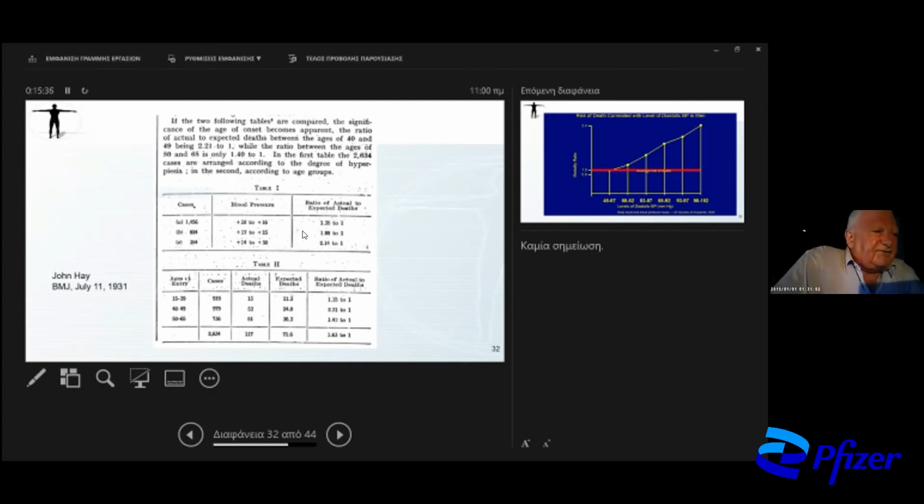So for instance, if your blood pressure was 24 to 30 millimeters mercury higher than the average, and the average was 120, your risk for mortality was 2.14, a doubled risk of mortality with levels of blood pressure which we today still consider as normal.